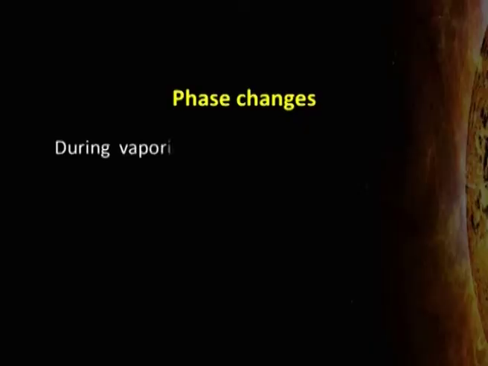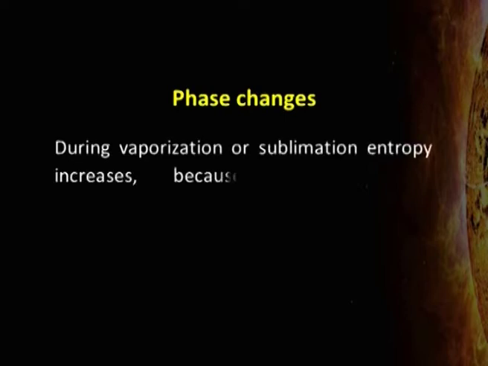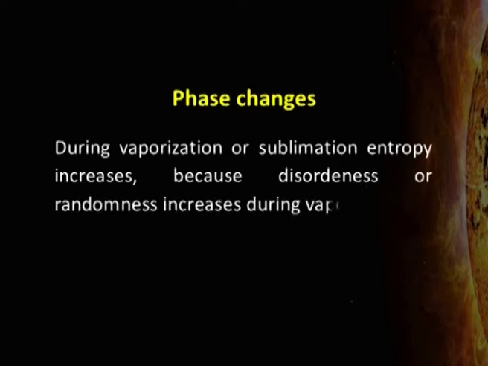Hence, entropy will increase. Therefore, sign for delta S system will be positive, or we can say that delta S system will be greater than 0. Similarly, during vaporization or sublimation, entropy increases because disorderness or randomness increases during both.